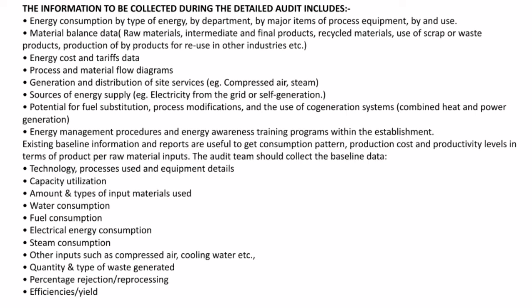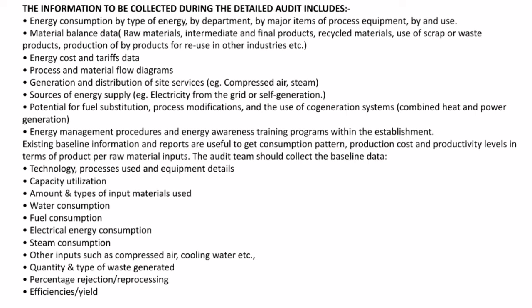Then we have energy cost and tariff data, that is the cost of the energy, process and material flow diagrams, generation and distribution of site services, sources of energy supply, potential for fuel substitution, process modifications and the use of cogeneration systems, energy management procedures and energy awareness training programs within the establishment.